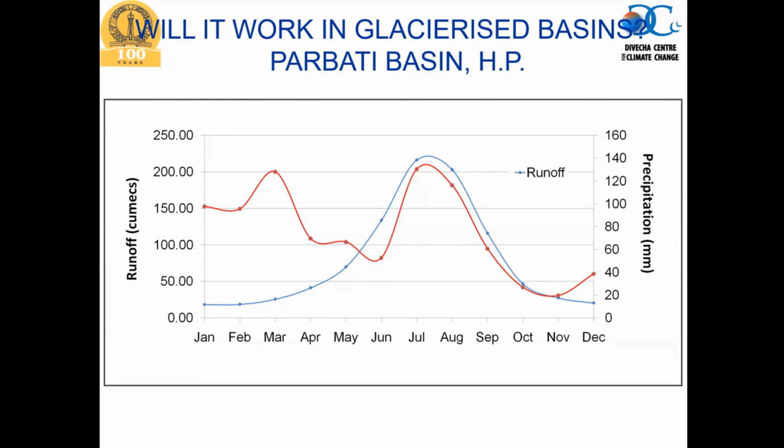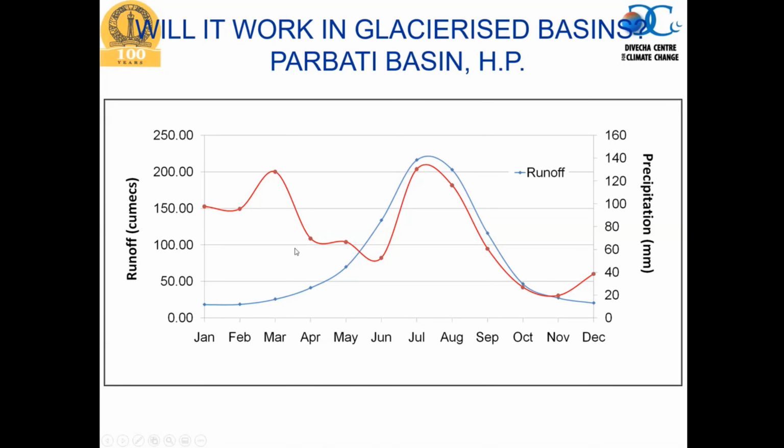That is a very important question, essentially because there is no one-to-one correspondence between the precipitation and runoff. If you look at the Parvati Basin in Himachal Pradesh, blue is runoff and red is precipitation.